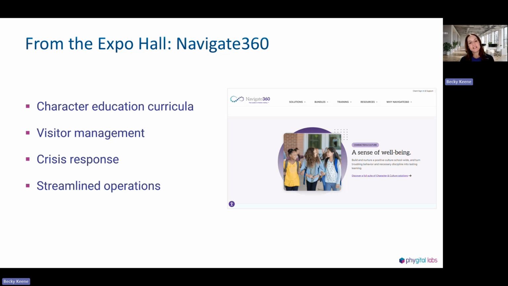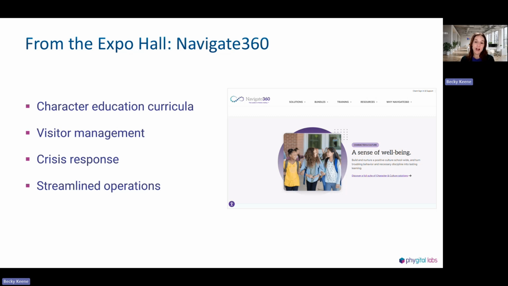Navigate 360 is really a whole being app. You could choose to use a wide variety of their tools like visitor management and crisis response. What I was interested in is the character education curriculum, lining right up with the opportunity to focus more on well-being in our students and protecting the saturation of curriculum and tech all the time, really digging into what does it mean to be responsible?